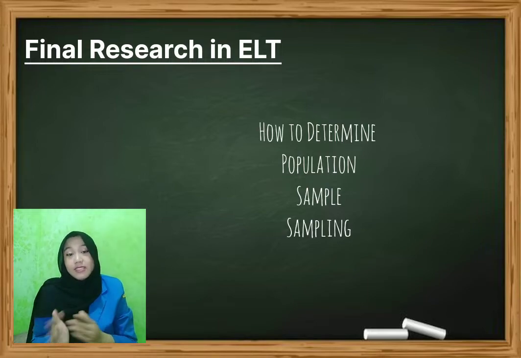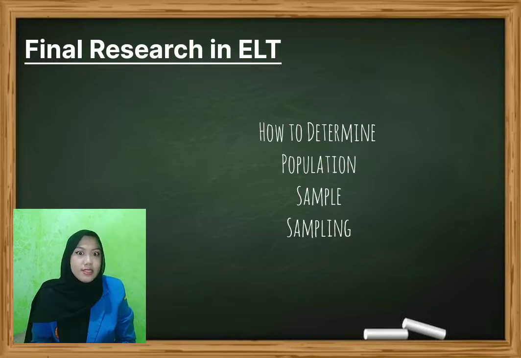Okay, we move to how to determine population, sample, and sampling. Before I determine the population, sample, and sampling, I have to explain what is the population, sample, and sampling. First, population.